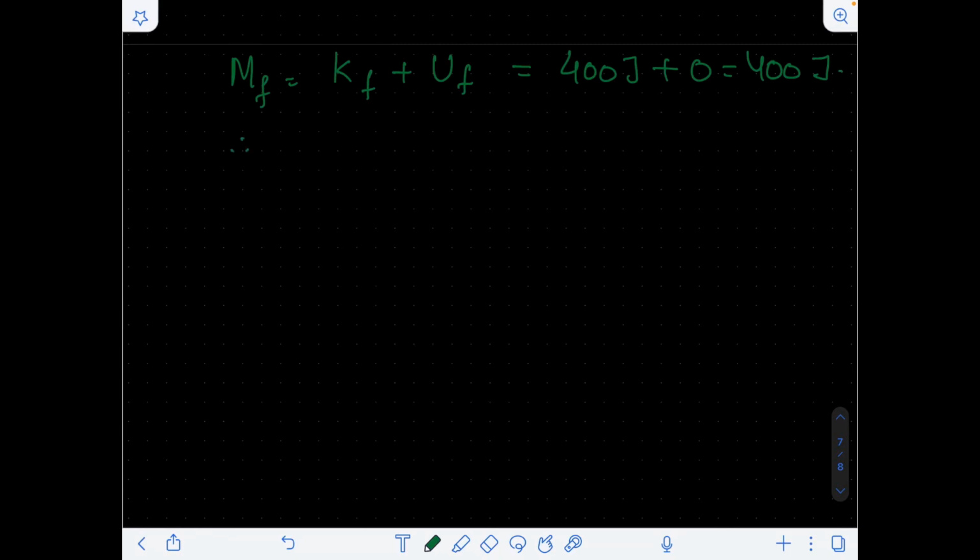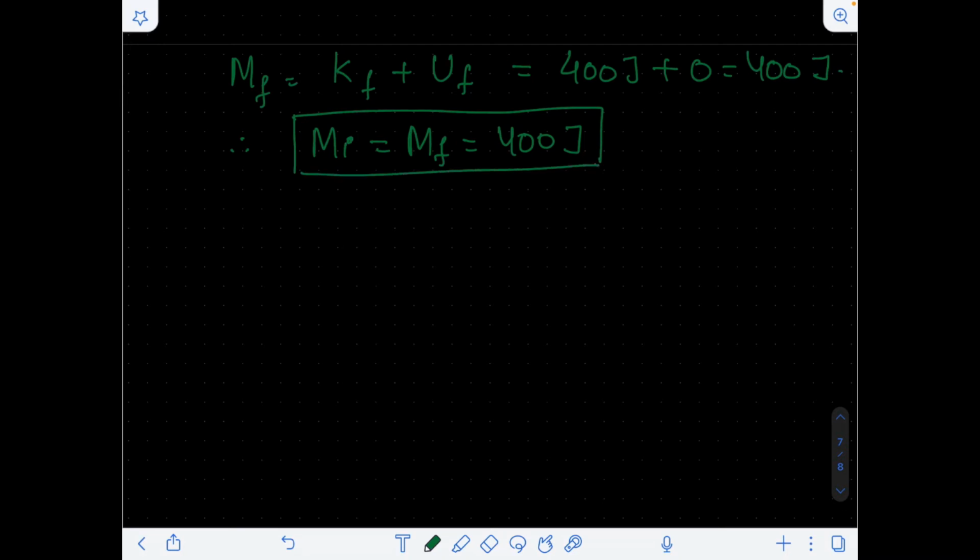Therefore, we can conclude that the initial mechanical energy equals the final mechanical energy equals 400 joule. And this happens when the force is only the gravitational force. So we can say that under conservative forces the mechanical energy of the object is constant, or the mechanical energy of the system is constant.